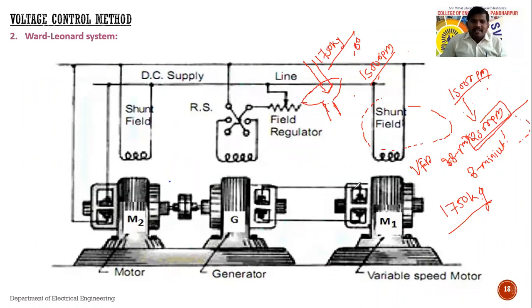If the load increases, that means at the mechanical output side there is a load on the machine, it will increase. At that situation the speed of the motor will suddenly drop. मोटरचं स्पीड काय होईल? सडनली ड्रॉप होईल. So speed will be near about 250 revolution per minute.